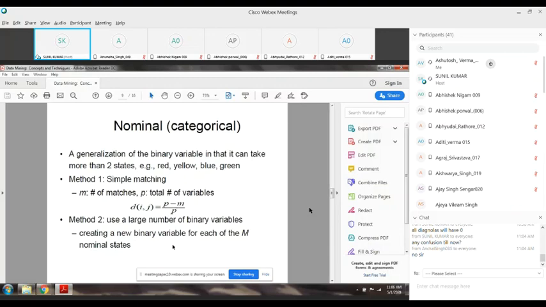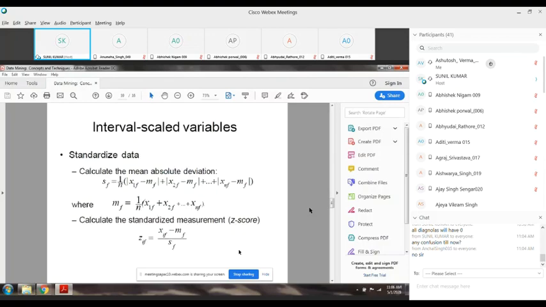Method 2: use a larger number of variables. Yes, anyone is asking something? Okay. So use a large number of binary variables. How can you do it? You can create a new binary variable for each of the m nominal states. When it comes to interval scale variables, you see there is an interval.